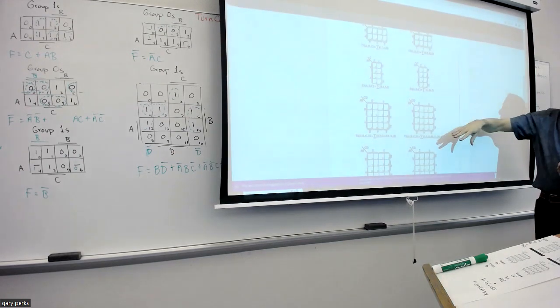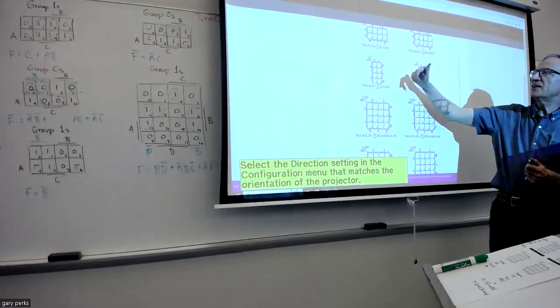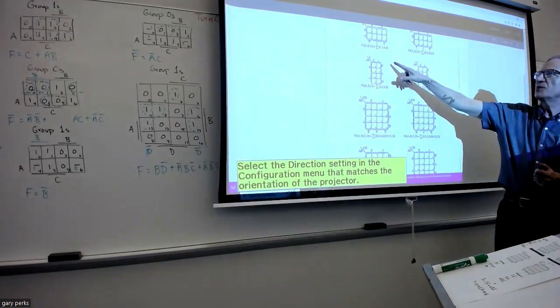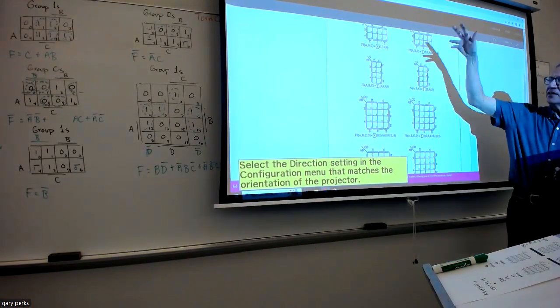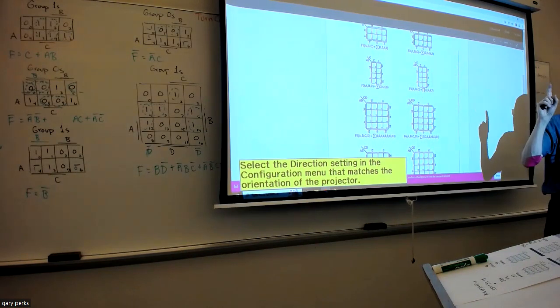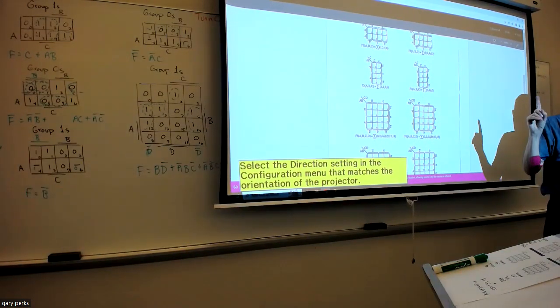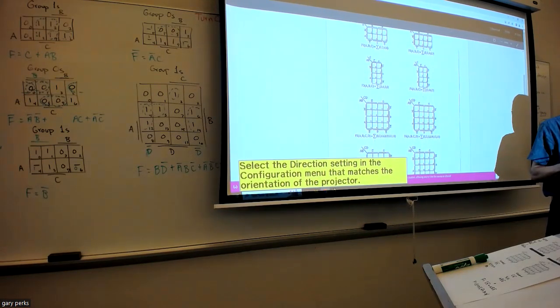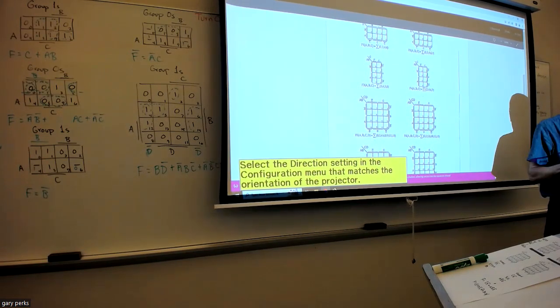So there's 8 K-maps, and you're given what cells are 0 and what cells are 1 by this compact notation that we just talked about. And for all 8 K-maps, I want you to find the reduced SOP for F. So to get the reduced SOP for F, you got to circle what? 1s, right?